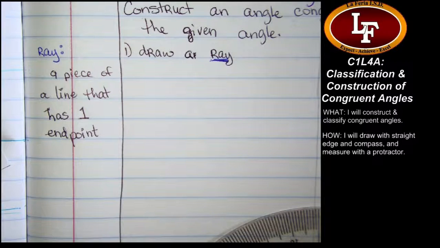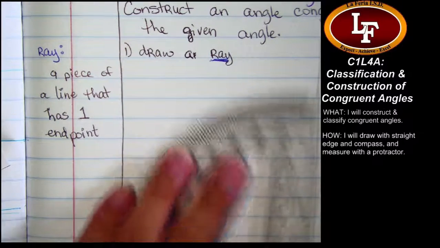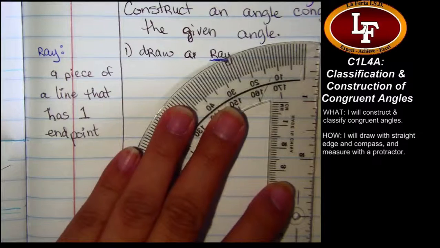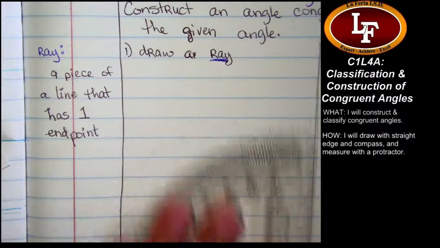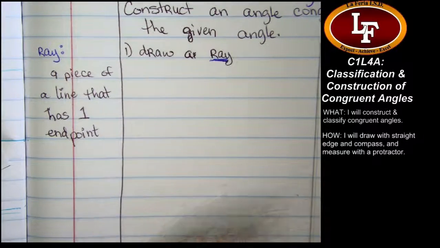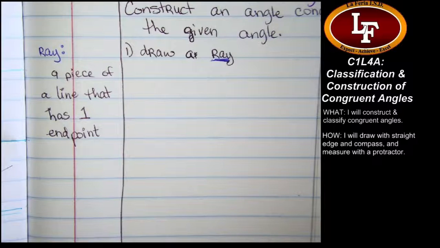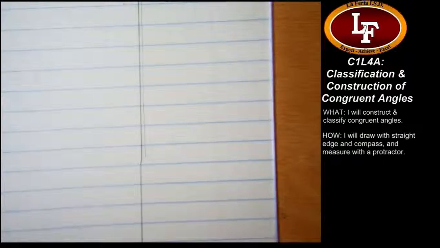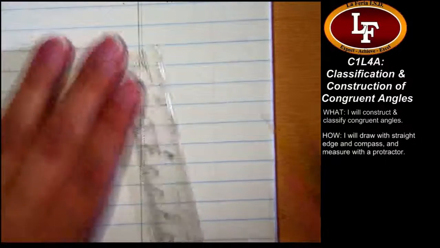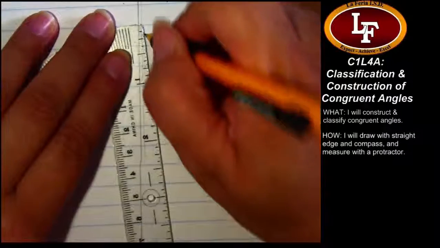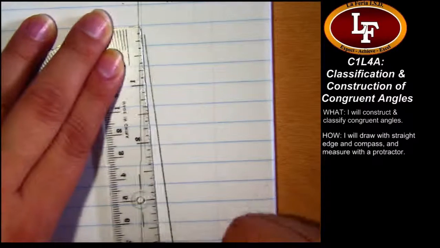So you're going to start off by drawing that. Go down to your construction workspace on the very right-hand side of your paper, and using your straight edge, draw a ray. I'm going to scoot over so you can see it. This definition will show up again in a moment. So here's my construction space. I'm going to draw a ray. It has to have one endpoint.